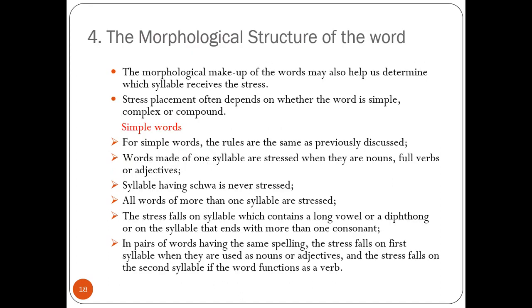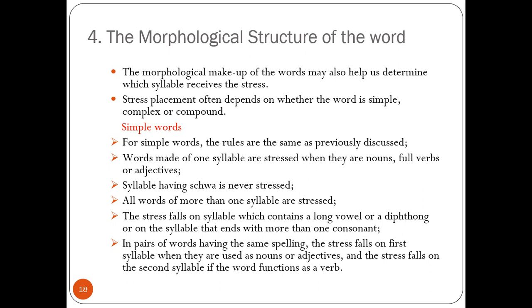The fourth and the last feature would be the morphological structure of the word. The morphological makeup of the words may also help us determine which syllable receives the stress. Keep this in mind that this is the final feature which we must consider.